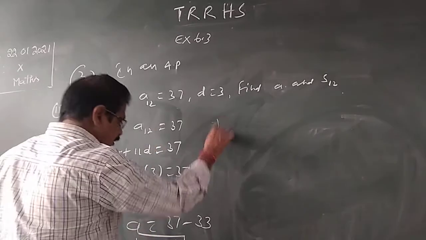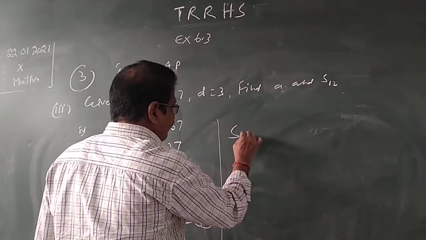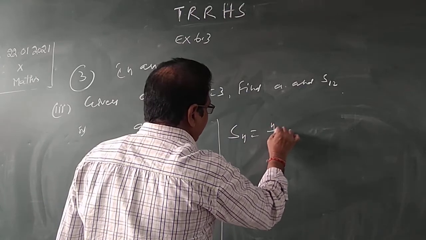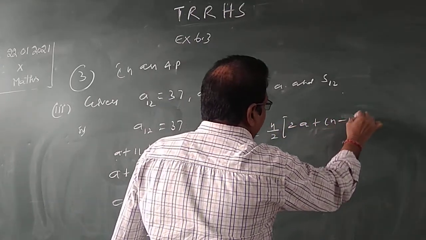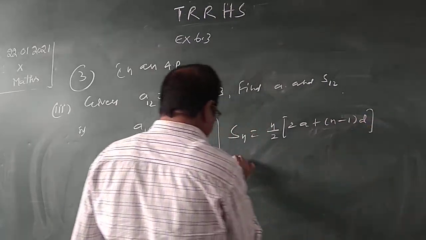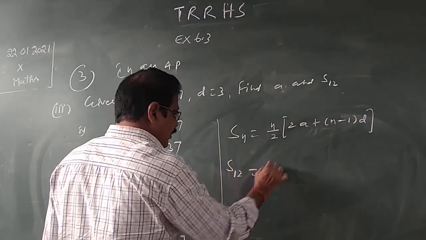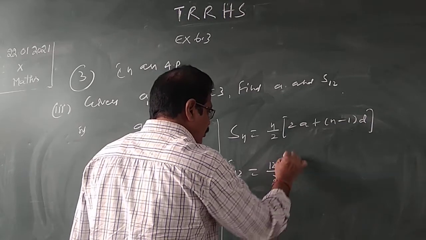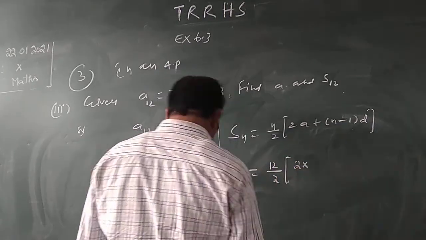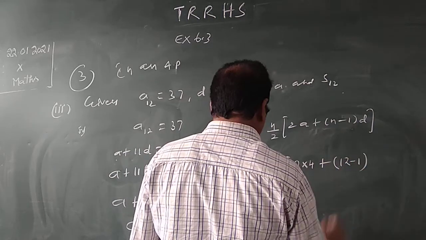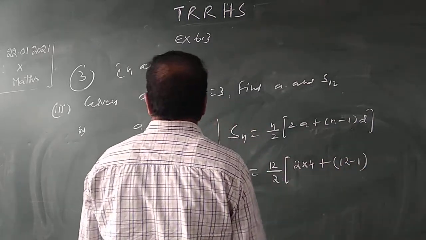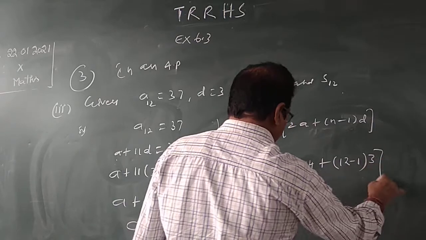Now find S12. a got 4. Sn formula: Sn is equal to n by 2 into 2a plus n minus 1 into d. S12, put n is equal to 12. 12 by 2 into 2 into a, a value is 4, plus 12 minus 1 into d, d value is 3.